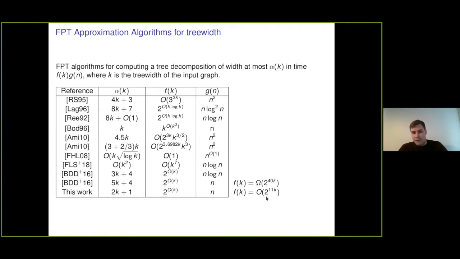I can give a bound of 2 to the 11k, and for this algorithm it can be estimated at maybe at least this, but don't take this value too seriously. I don't know how to optimize it perfectly, but anyway, for my algorithm this is smaller.